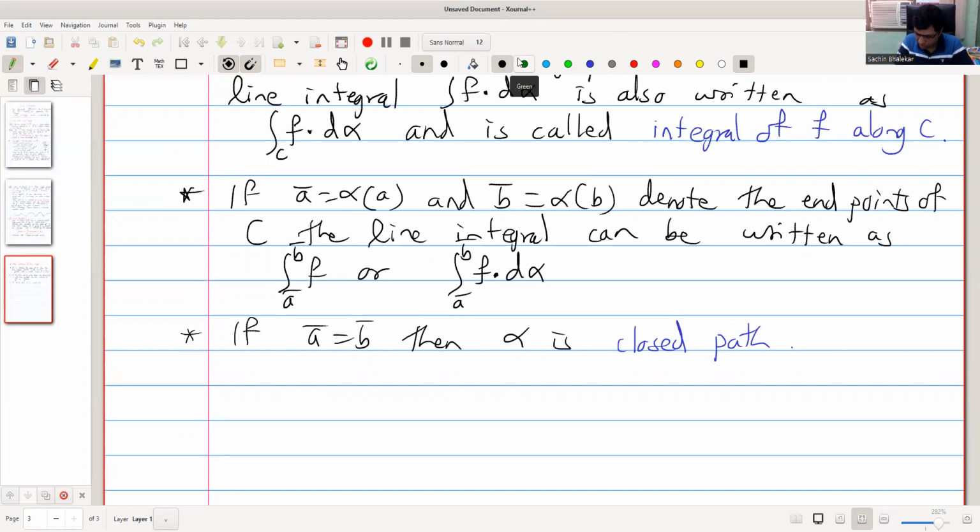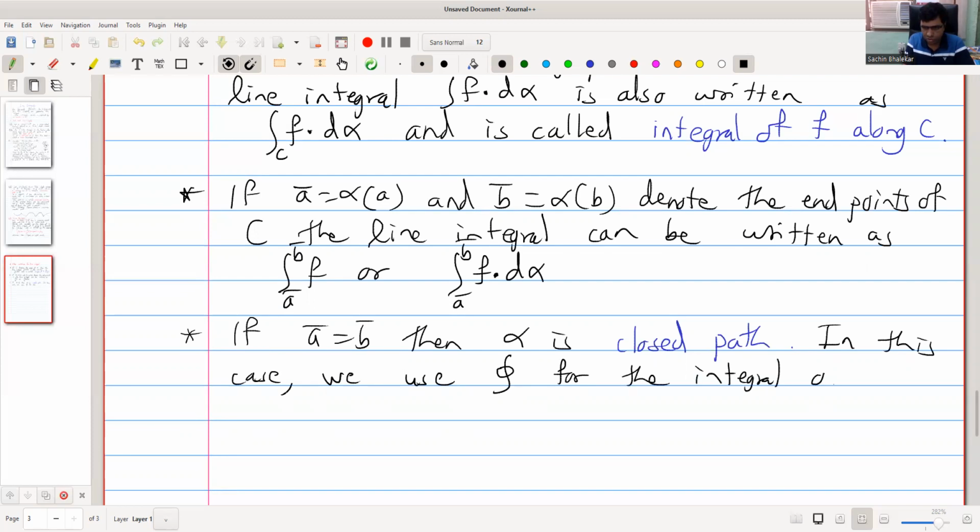In this case, we use this symbol, the integral over a closed path, for the integral over the closed path.